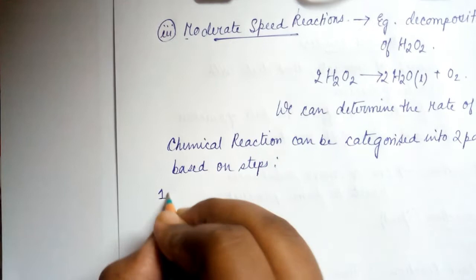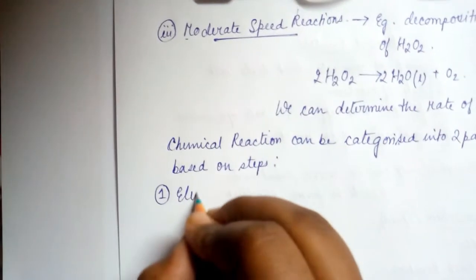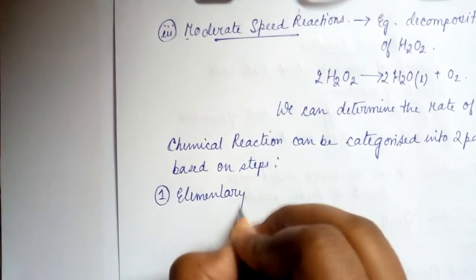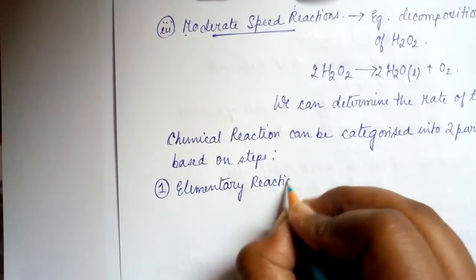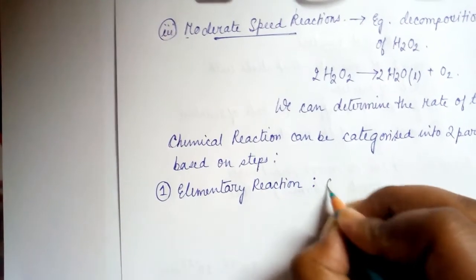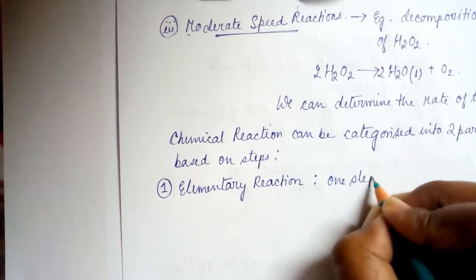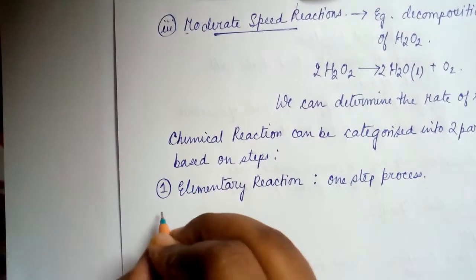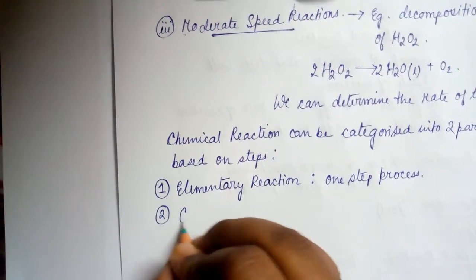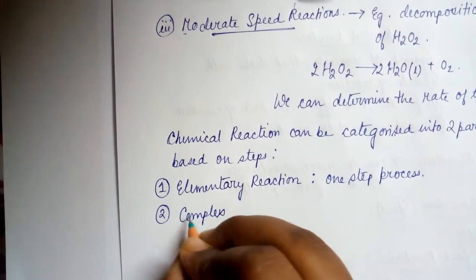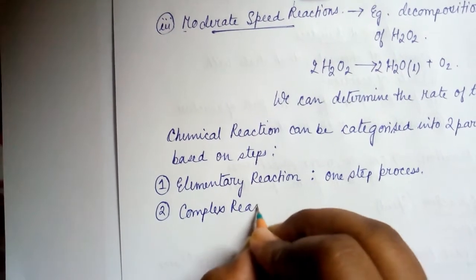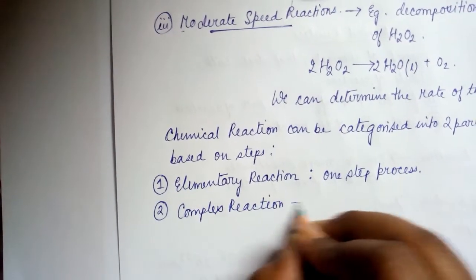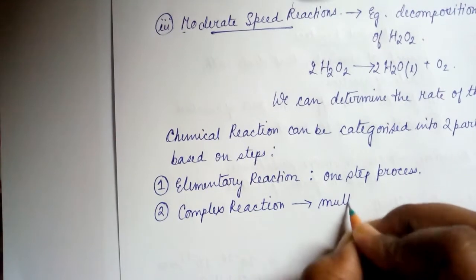The first one being the elementary reaction. This is a one-step process. Done. Second one is the complex reaction. This is a multi-step process.